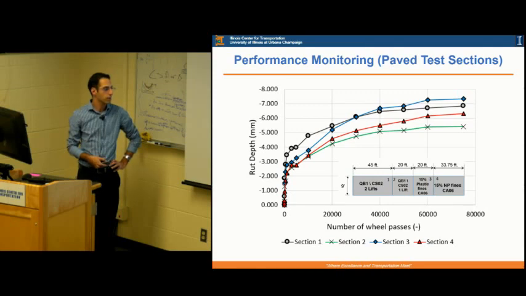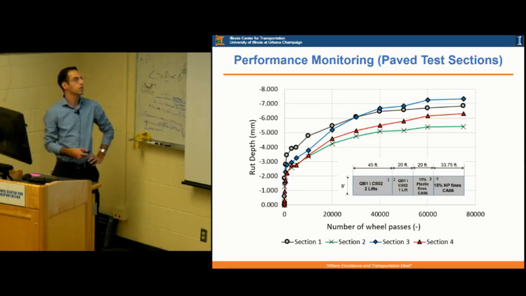Again, here, the worst performer up to 75,000 passes was the non-plastic fines, which was performing better than the section with the QB and the large rock built in 2 lifts earlier, but then it outpassed it later on. And the best performer section was section 2, which is the QB built with the large rocks in 1 lift. And then the second best is the non-plastic fines, which was performing the best in the construction platforms.